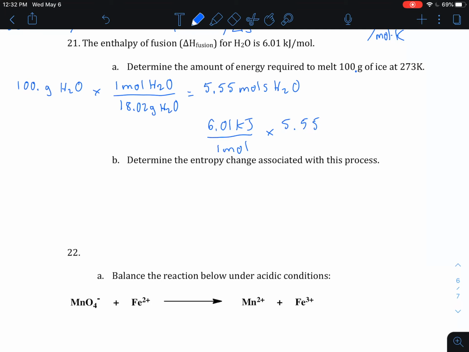And so now we know if it's 6.01 kilojoules per 1 mole, but I have 5.55 moles, I can just multiply. And it tells me the cost will be, we'll call it 33.4 kilojoules.